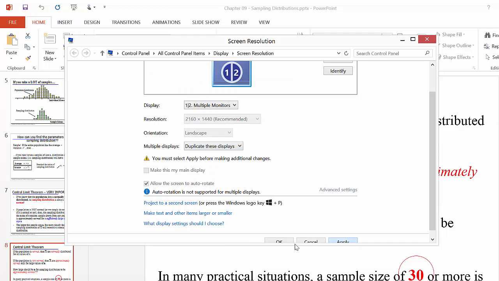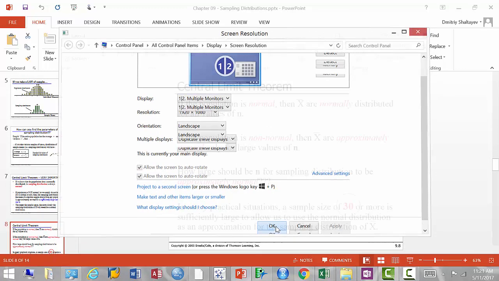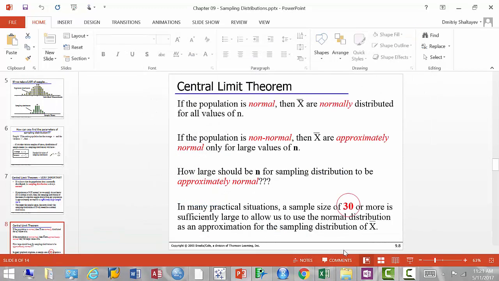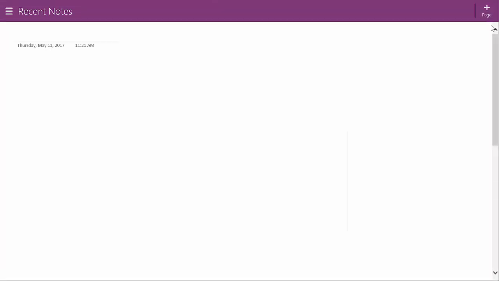So this is an intuitive explanation of why things tend to become more and more normal as you start taking samples. Let me create a new page here. Let's say that I have a severely non-normal distribution of the population, like this.